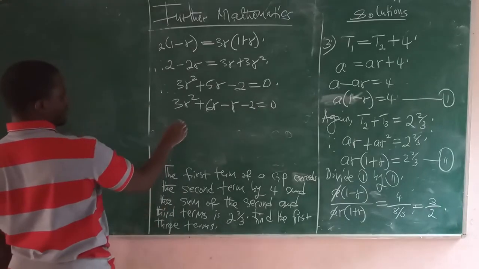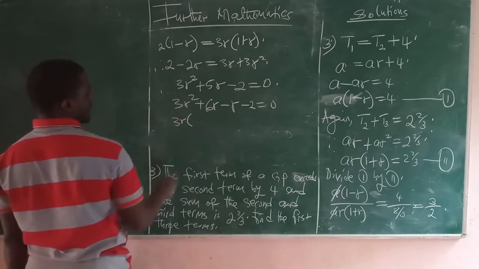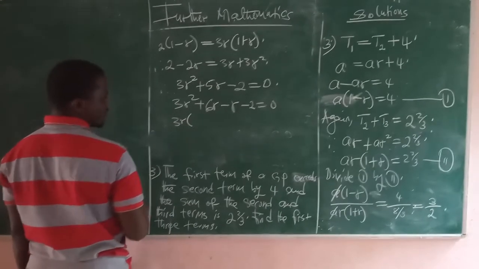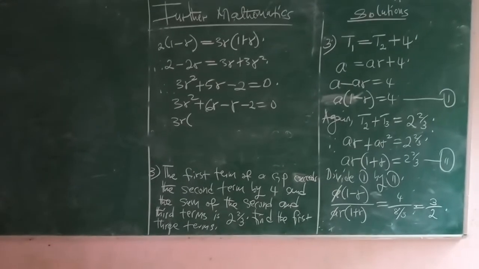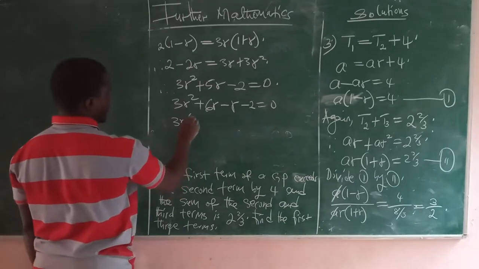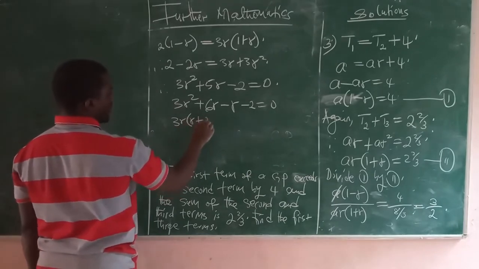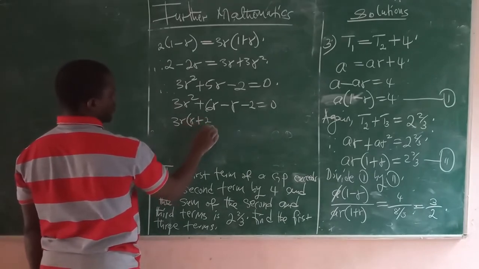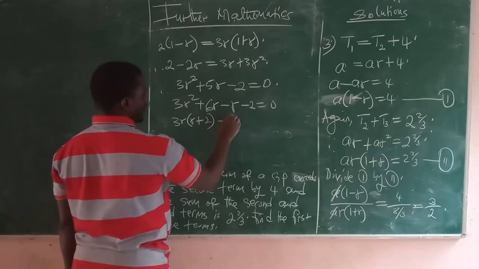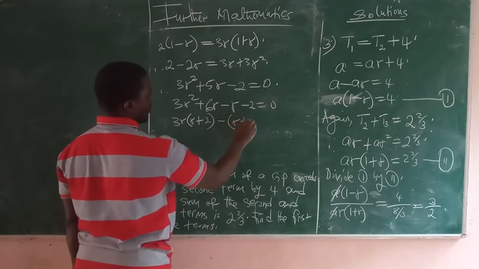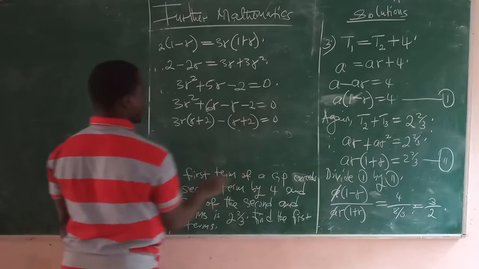So we have 3R bracket R plus 2, minus bracket R plus 2 equal to 0.